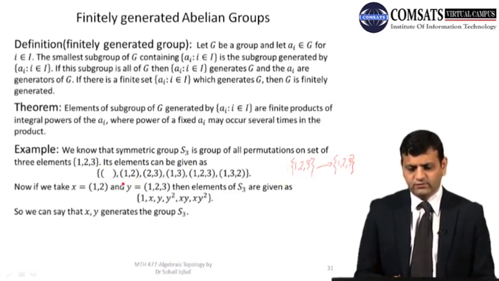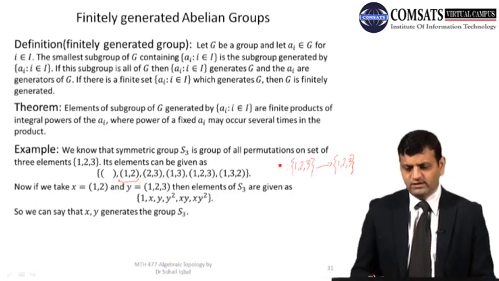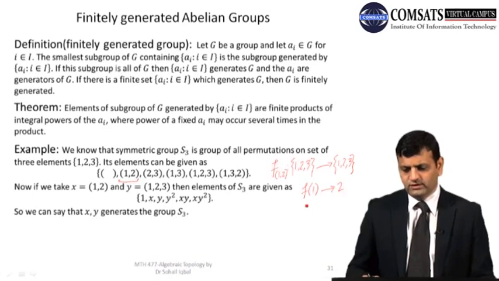So what is this permutation (1 2), for example? Basically it's a function which takes 1 to 2, and which takes 2 to 1, and which takes 3 to 3.